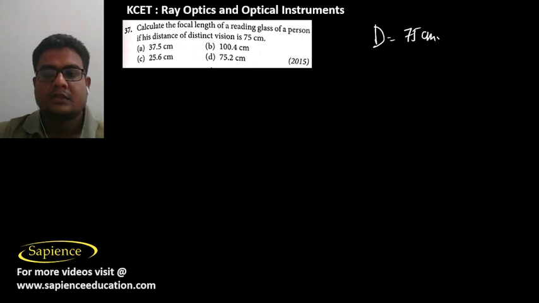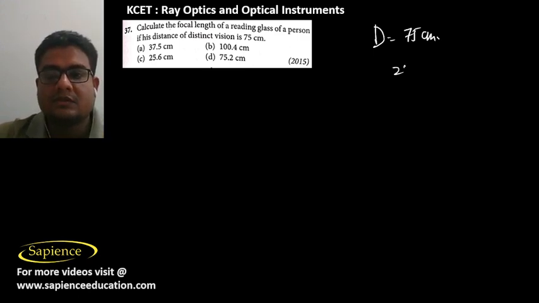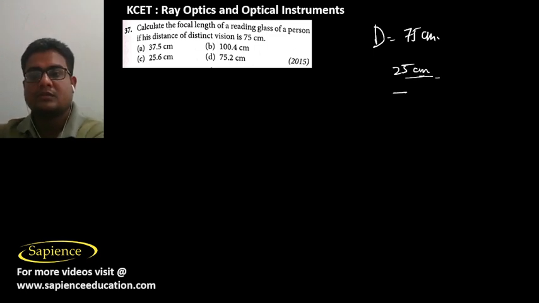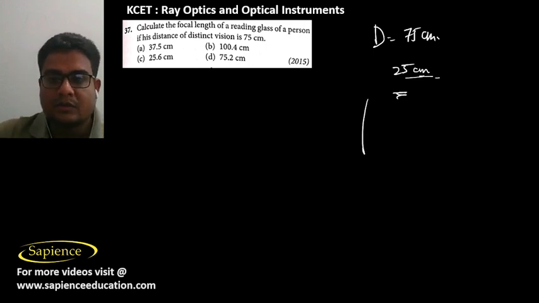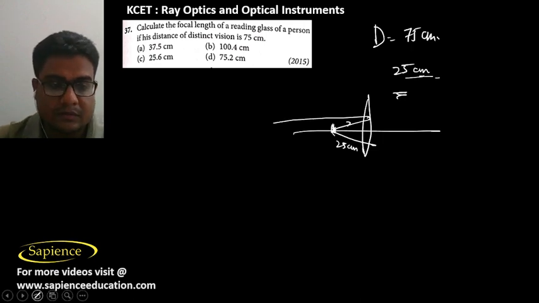Okay, so it means that at the least distance of distinct vision, which is actually 25 centimeter, the image should be formed at 75 centimeters. So one convex lens should be used, so that the object which is at 25 centimeter, he should be able to view it at 75 centimeter also.